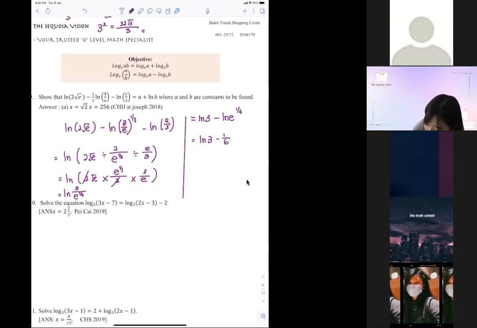Okay, ignore this one. So now you must put A equals negative 1 over 6, B equals 3. They say that A and B are constants to be found. You must write for me what is A and what is B. If they never say A and B are constants to be found, you just leave it like that.